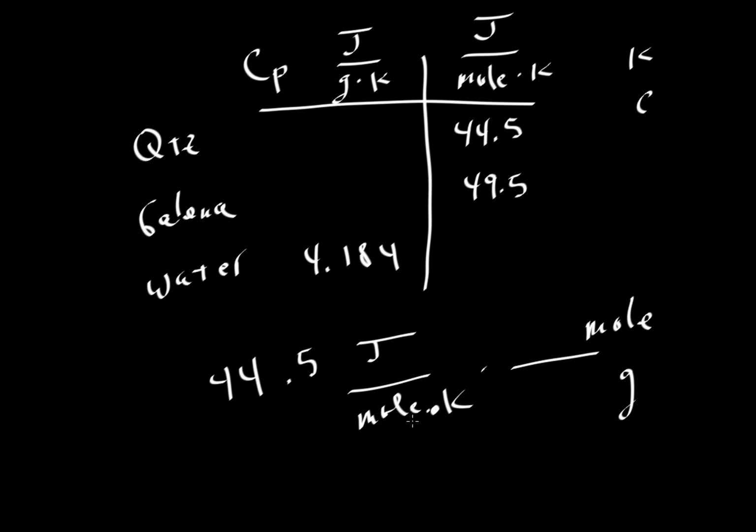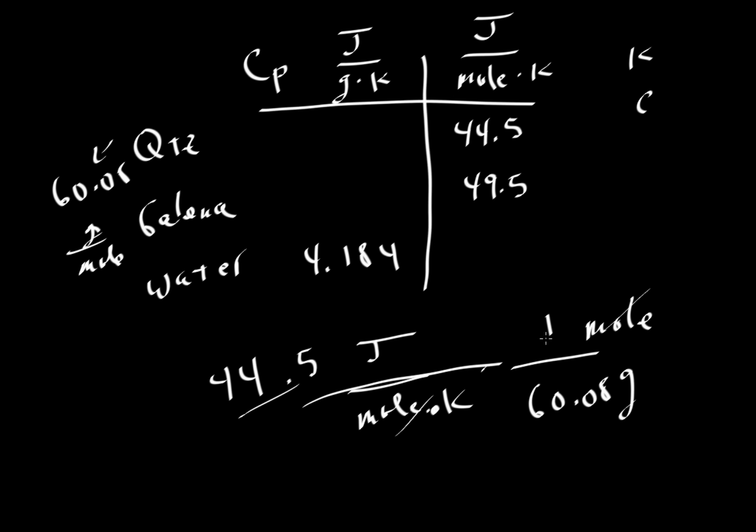And the molecular weight of quartz is 60.08 grams per mole. So that means we have 60.08 grams per 1 mole. This allows moles to cancel. We take 44.5 and divide it by 60.08. And when we do that division, we get about 0.741, or 0.7406 if we take it to 4 decimals.